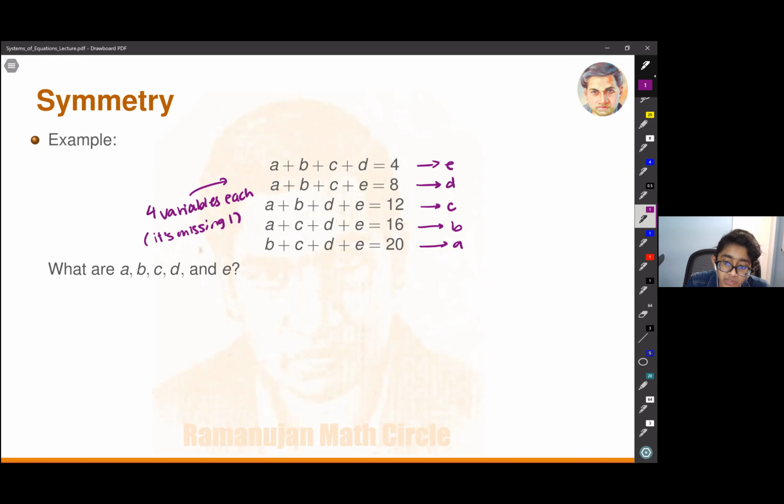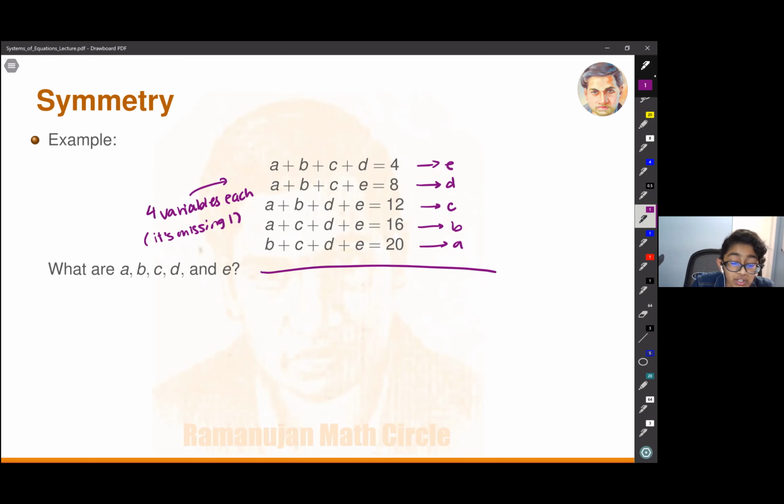What we could do is take advantage of the fact that it's so symmetric, that each variable is facing the same behavior in some sense. So what we're going to do is add up these equations. We have each variable occurring 4 times in the set of 5 equations, because one of the equations doesn't have that variable.